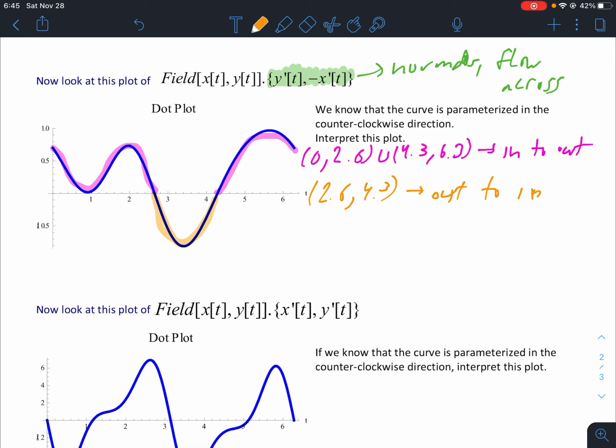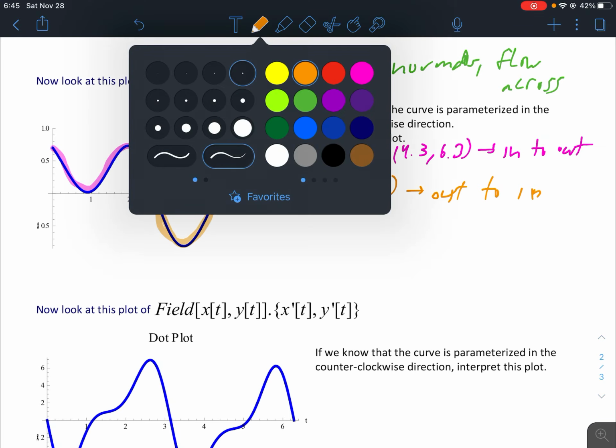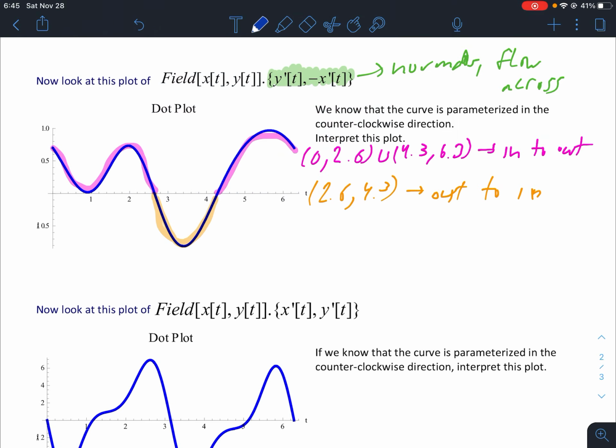So what does that mean? Looking at the big picture, there's way more space where the flow is inside to outside. So we would say that the net flow must also be out of this random field across whatever curve we are looking at.